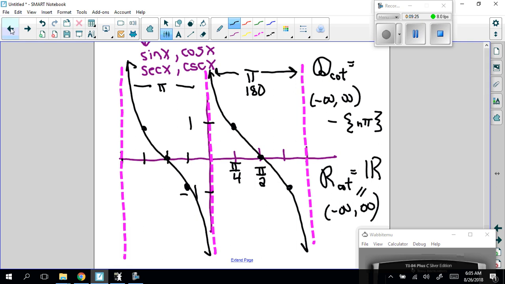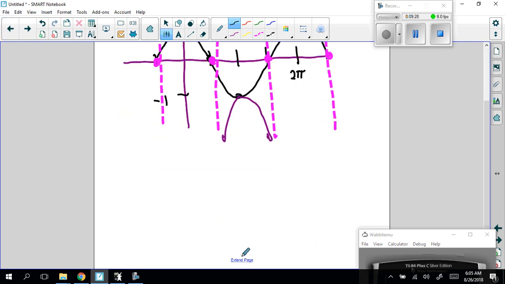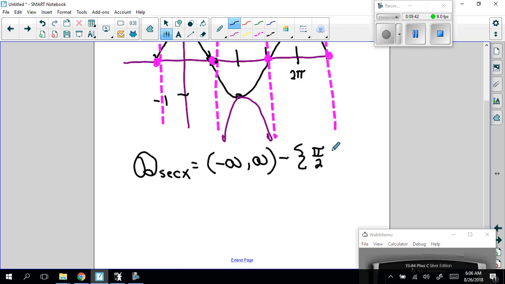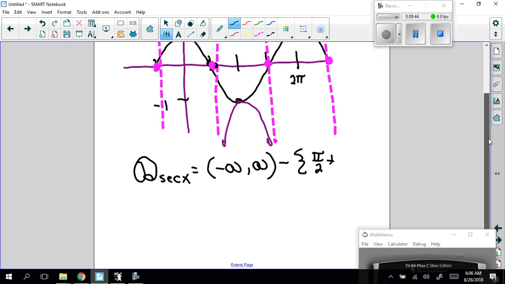Let's go back. The domain of secant x is negative infinity to infinity. Take away, well, the first bad one's at pi over 2. And how often do they repeat?